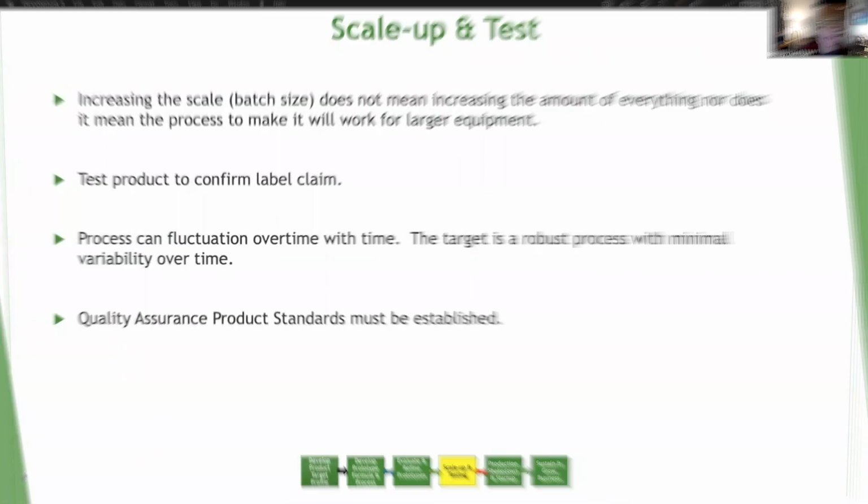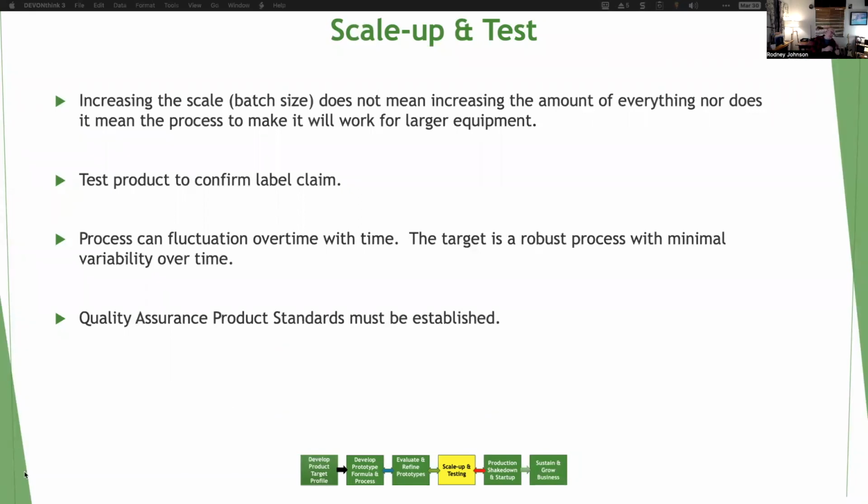Once you've developed a number of prototypes and are satisfied with what it looks like and what it tests like, you want to begin the process of scaling it up to ultimately the production setting. And typically you have to increase the batch size, but that does not mean you increase everything proportionate to the size, because, for example, a blender at a small scale at a certain RPM has very different forces and energy involved than a very large blender operating at the same RPMs.